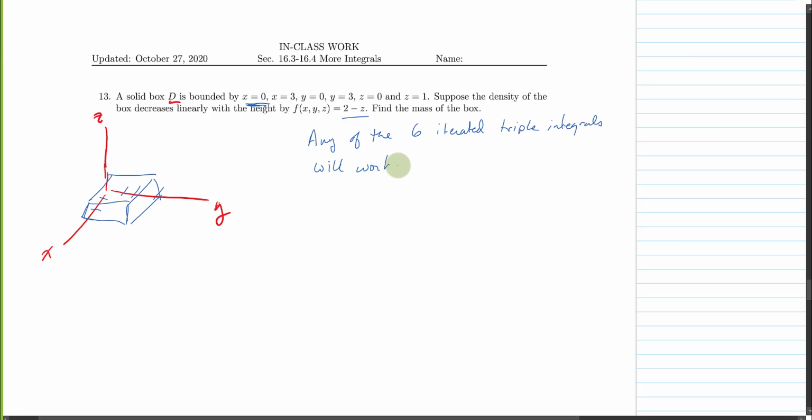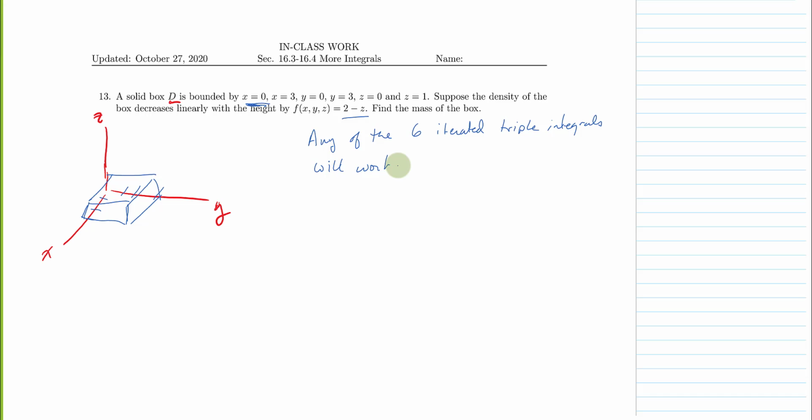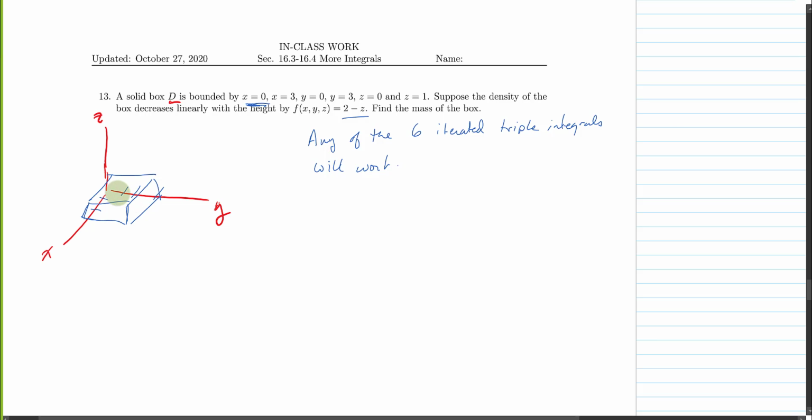So why is that? Why am I saying that? Because all of their bounds are given by definite bounds. That's a great way to say it. So this up here wasn't some parabola region or something like that, which means it doesn't matter.